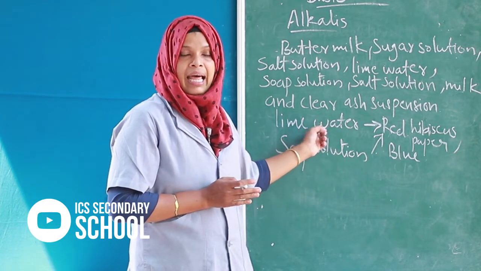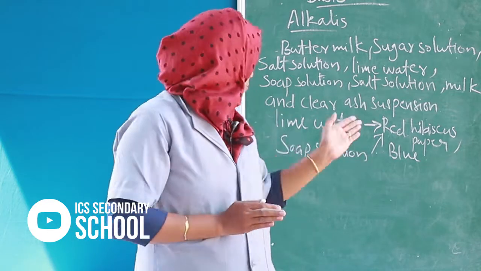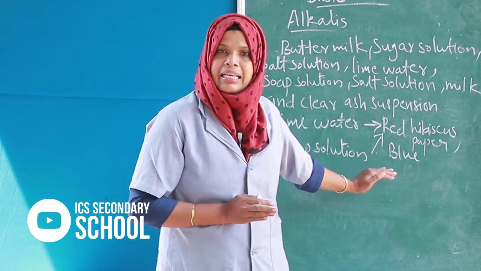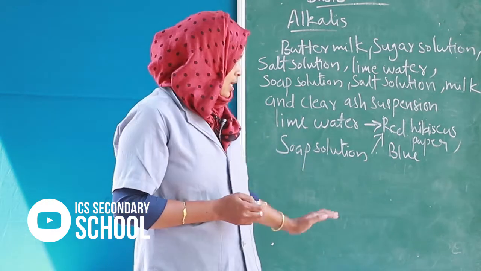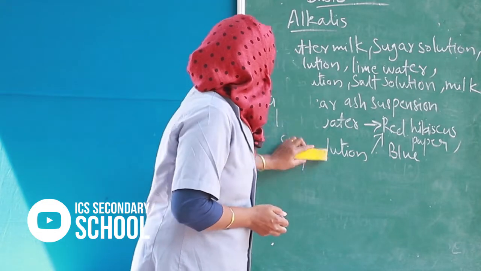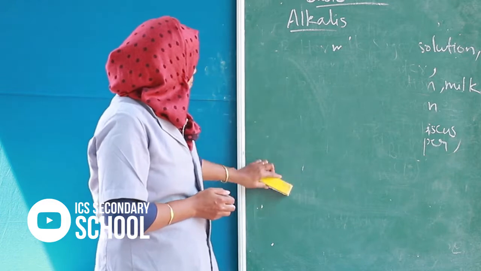In lime water, red litmus paper changes into blue. In soap solution, red litmus paper changes into blue. Okay. Then you do this experiment with some chemical compounds in the laboratory.